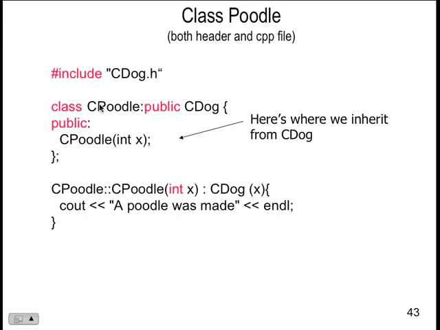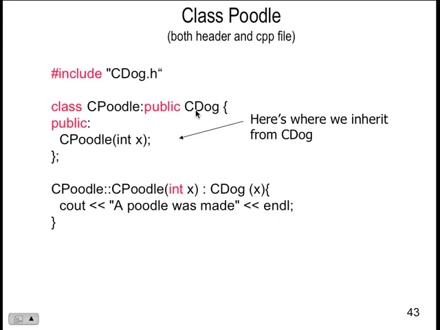So now we have class CPoodle colon public CDog. So here's where we inherit from CDog. We have this constructor CPoodle, where we're inheriting everything from CDog because we did colon public CDog.